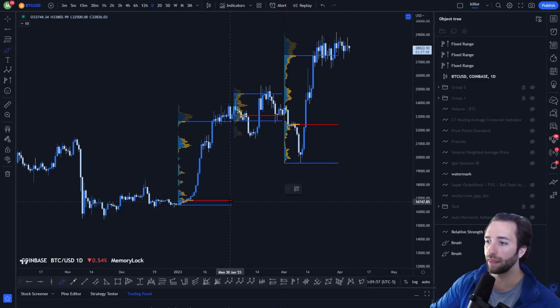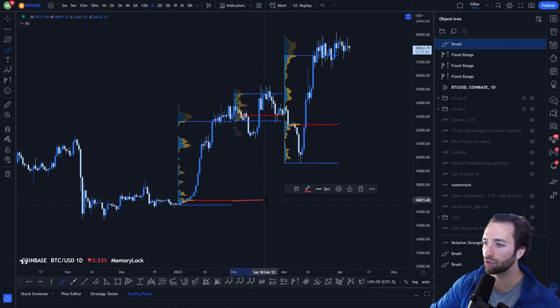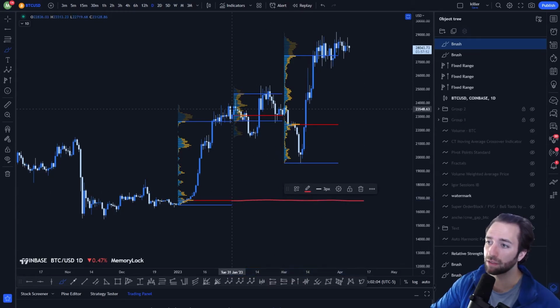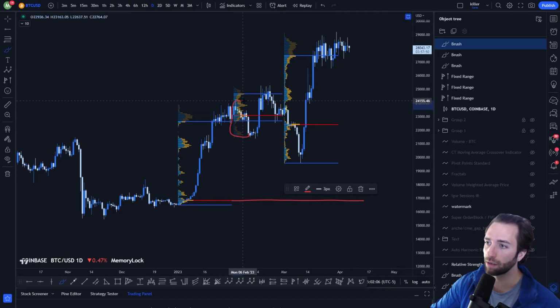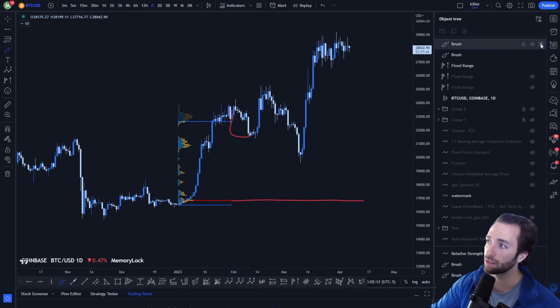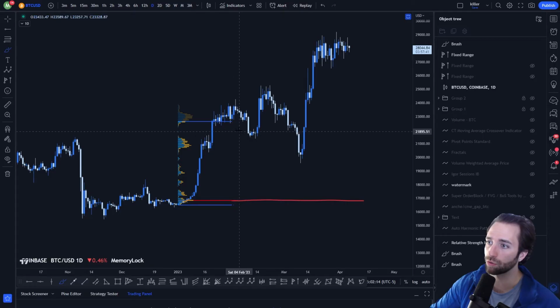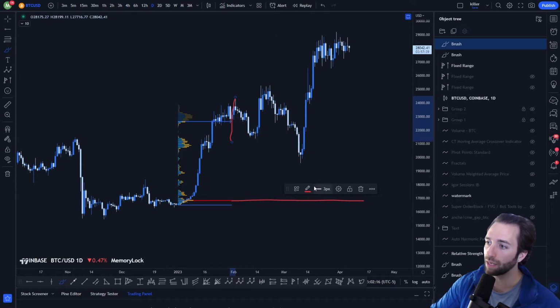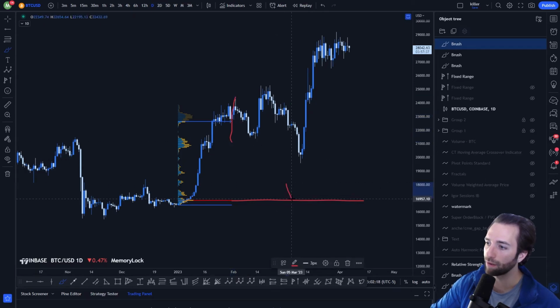Now, this January's point of control has not been visited since the month closed here. So I'm going to go ahead and hide some of these. We can see that since January has closed here, price has not come down and visited or tapped this level.